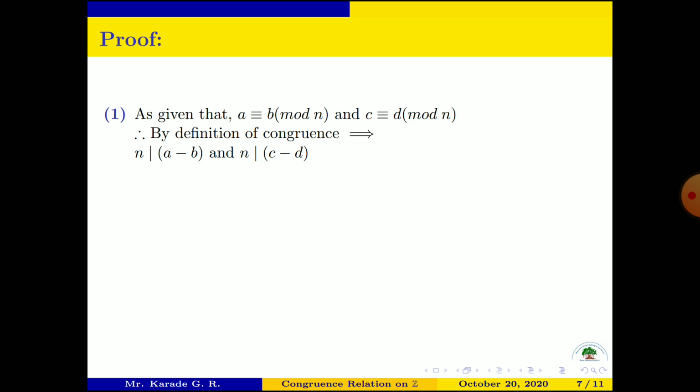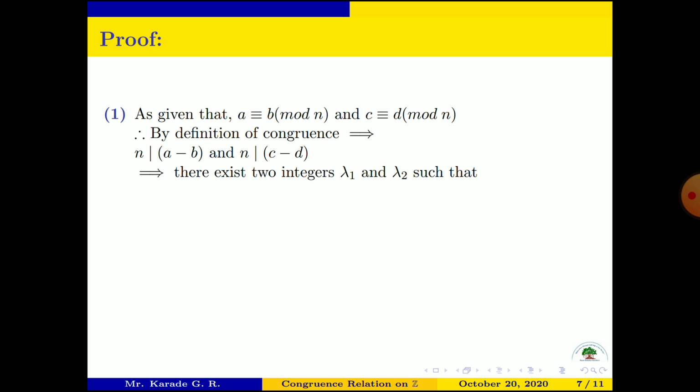So therefore what will happen, as n divides a minus b, therefore a minus b must be in the multiple of n. Similarly, as n divides c minus d, therefore c minus d must be in multiple of n.